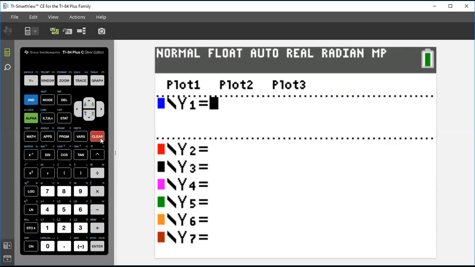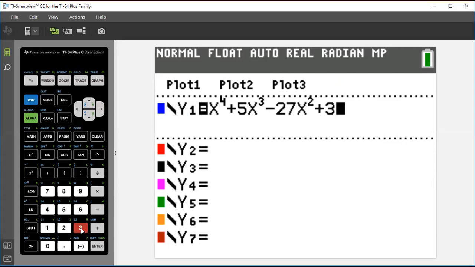So in the calculator, I am going to go x to the 4th, and then plus 5x cubed, followed by negative 27x squared, and plus 31x, and minus 10. And I'm going to hit graph.